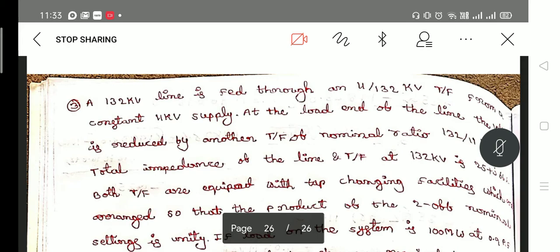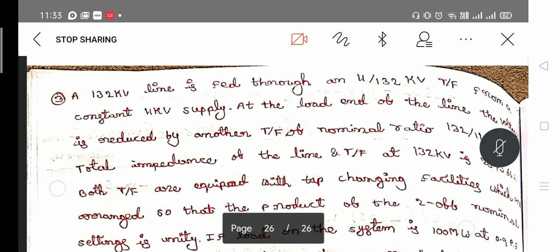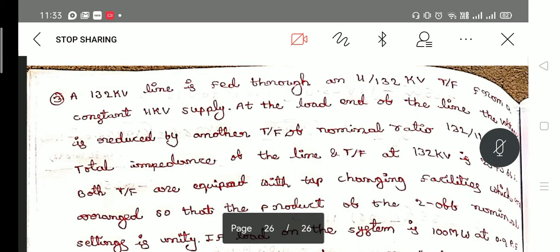Next problem, that is the last problem in this unit. A 132 kV line is fed through an 11 by 132 kV transformer from a constant 11 kV supply. At the load end of the line, the voltage is reduced by another transformer of nominal ratio 132 by 11 kV.